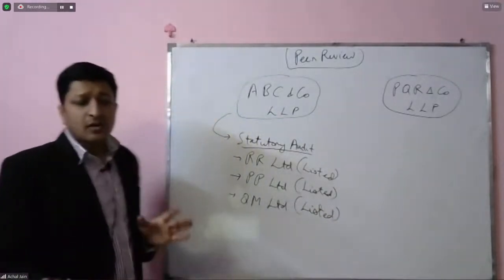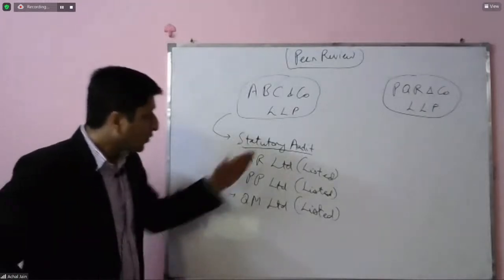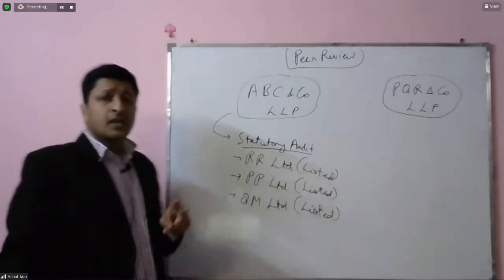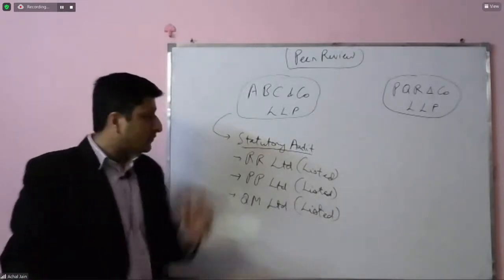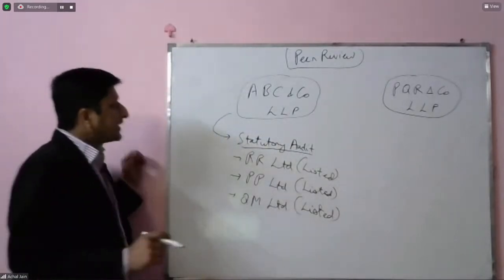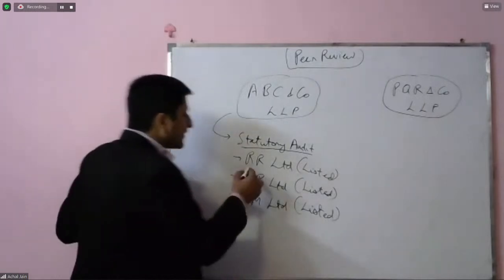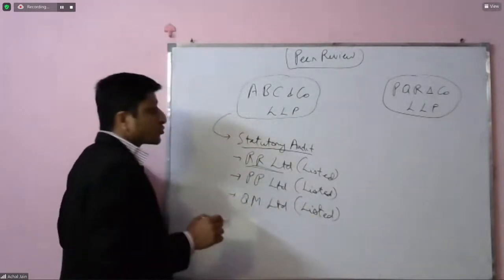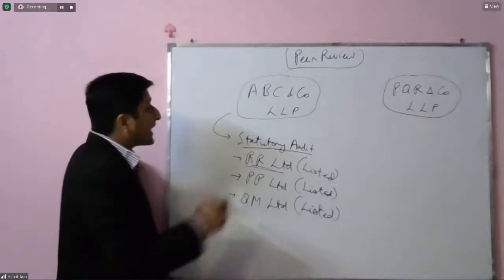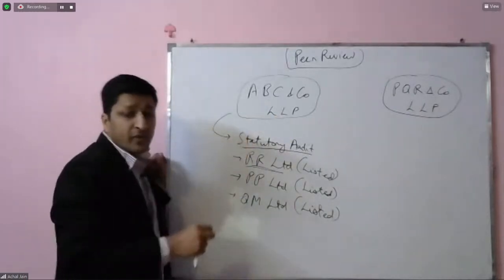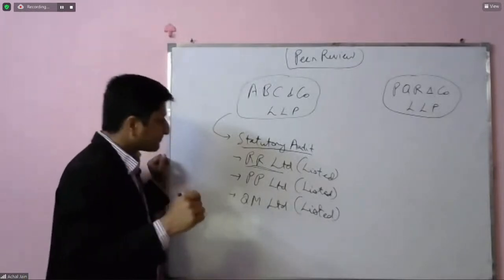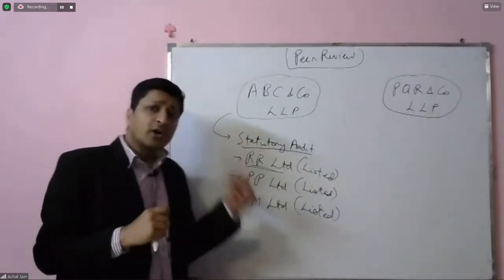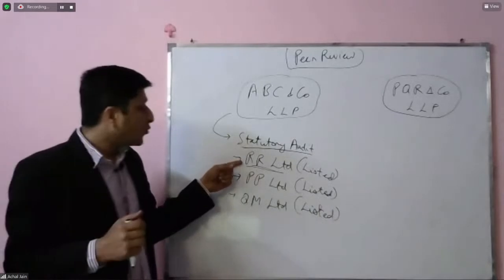Now, as regards the audit of these companies, two persons were involved, or you can say two entities were involved. When it came to the audit of RR Limited, RR Limited would have been involved and ABC and Company LLP would have been involved. So these two parties would have been involved in that audit process. And this audit was the audit of the client. Who is the client?